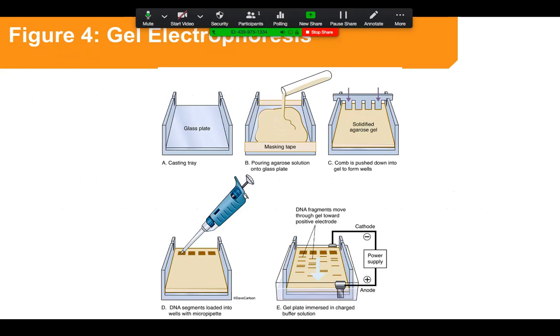You're then going to take the DNA segments that you're testing and load it into your micropipette, and pipette it into the wells very carefully, if I may add. And once you do that, you should see DNA fragments move through the gel toward the positive electrode, and that will give you your results.